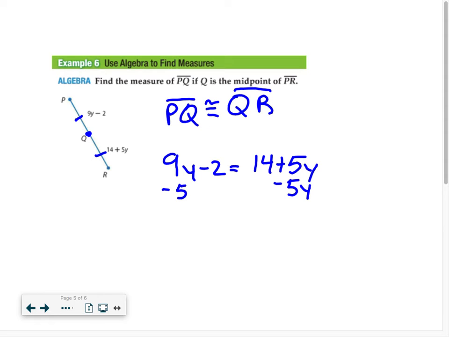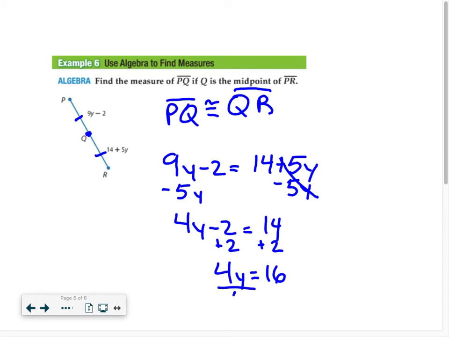So subtract 5y, we get 4y minus 2 equals 14. Add 2, 4y equals 16. Divide by 4, and you get that y is equal to 4.